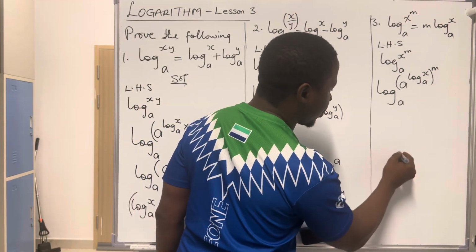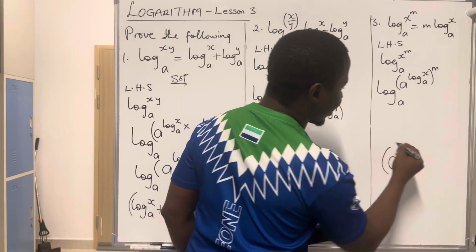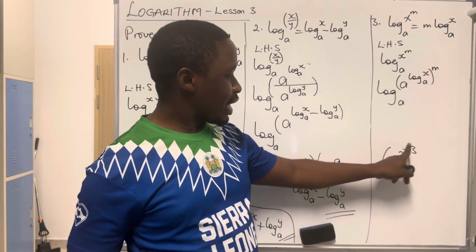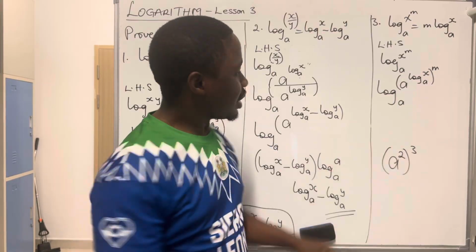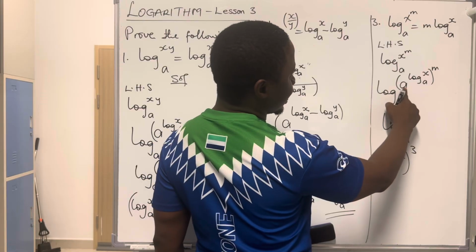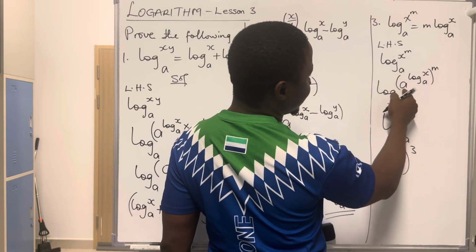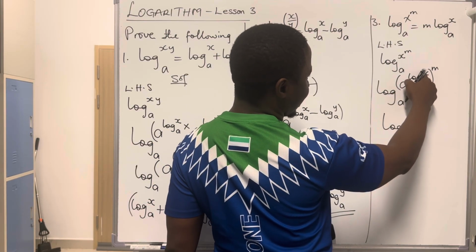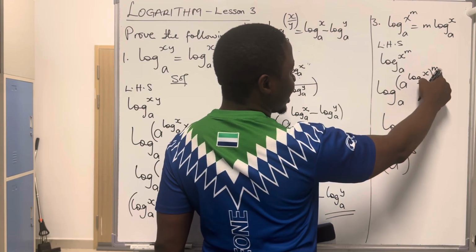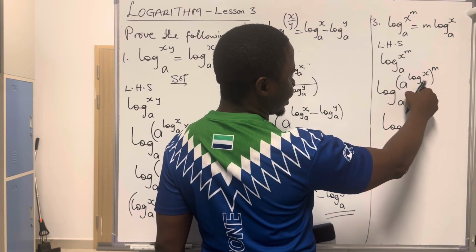If you have a to the power 2, to the power 3, this base has a power inside and another power outside. The powers multiply themselves. So here you will say the base is a. This a has a power which is log x base a, and has another power m. So what happens? M multiplies log x base a.